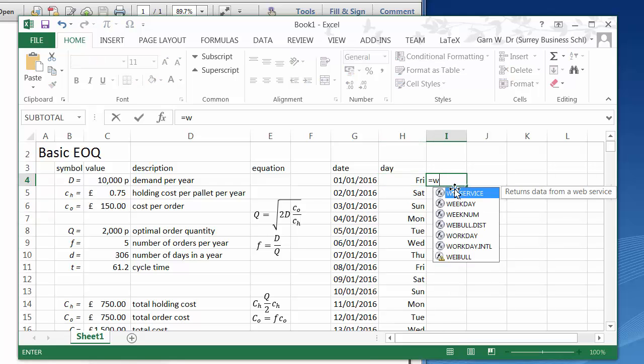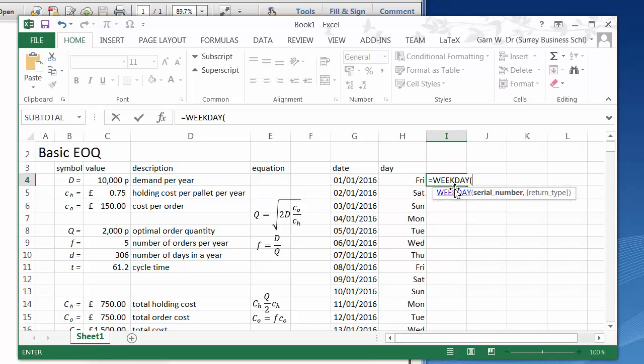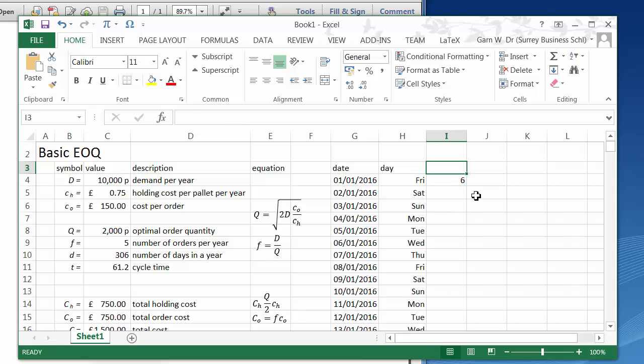There is this function called weekday, and if we enter a date it returns the number. Okay, so now we can check as soon as it's Sunday that we are not going to include that, and everything which is not a Sunday we are going to include.